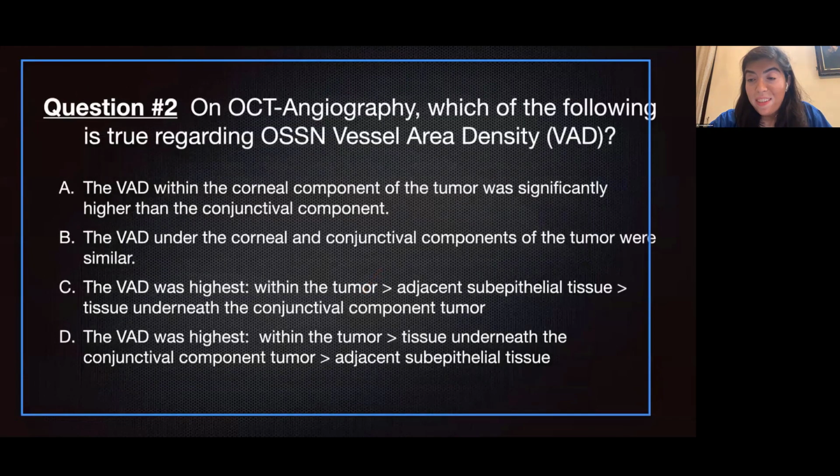Number two, and this is a look into the future, but very important to start to get a handle on this. On OCT angiography, which of the following is true regarding OSSN vessel area density, or VAD? I'll give you a few moments to take a look at the answer choices and plug in your best guess.